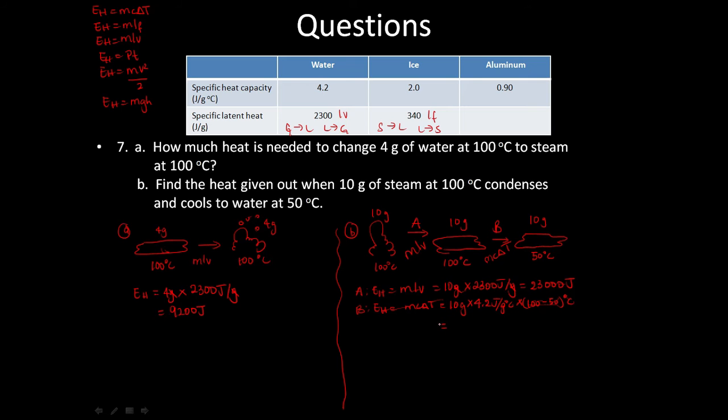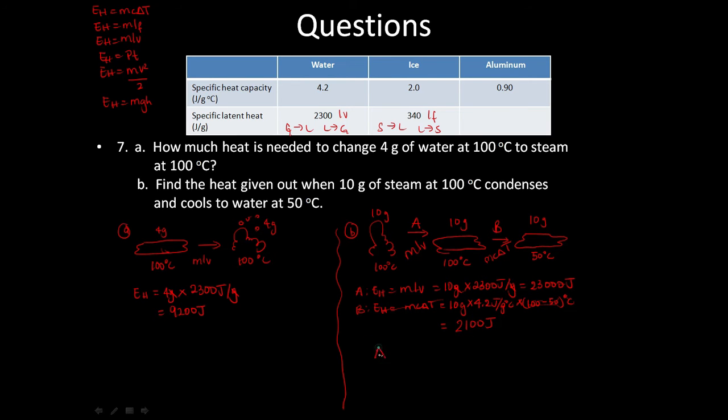And we end up with 10 times 4.2 times 50. We end up with 2100 joules.